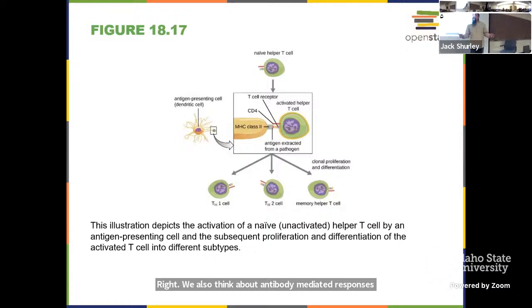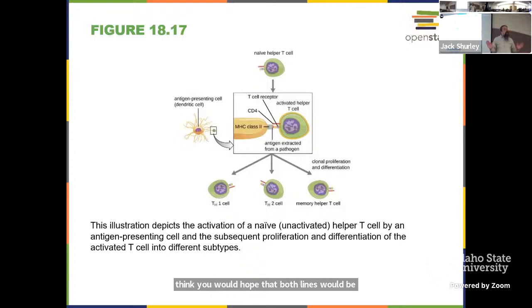And we think about them separately, we talk about them separately, but hopefully it makes sense that if you are dealing with some sort of infectious substance, whatever it might be, bacteria or fungus, some organism that's causing disease, you would hope that both lines would be stimulated to come in and respond, all right?